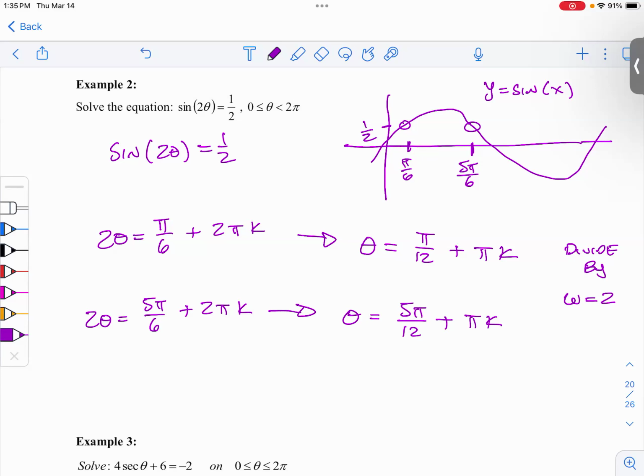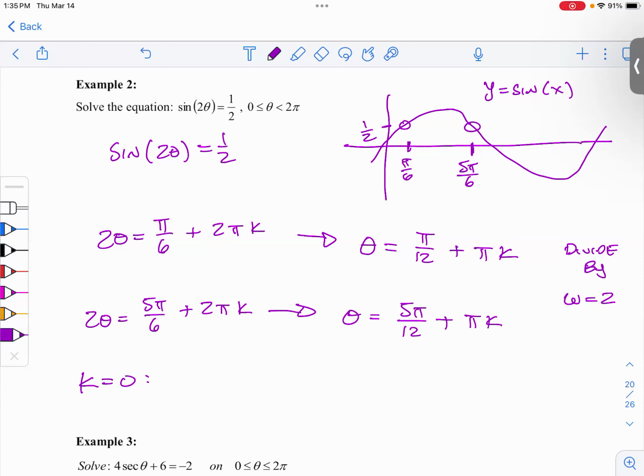In this case, I'm dividing by omega equals 2. Then all you have to do is pick constants for k, and not just any constants, we literally pick integers. You start with the easiest one, k equals 0.